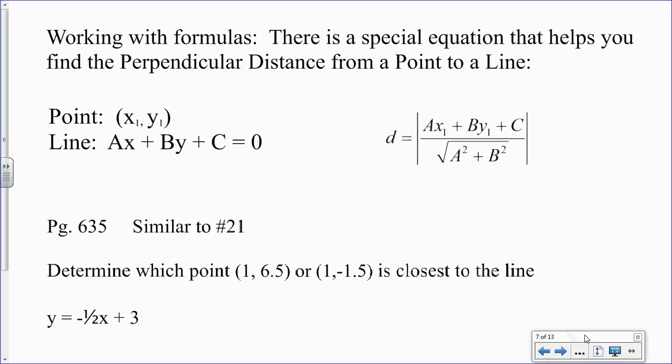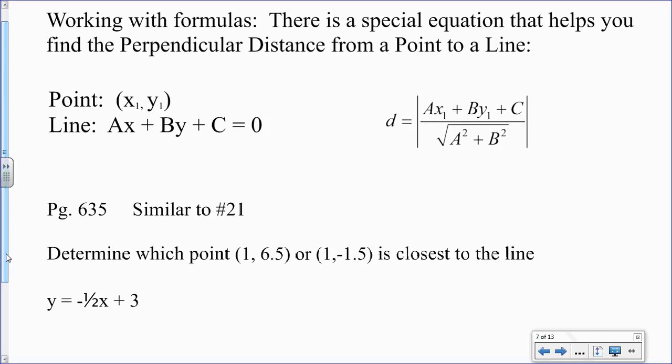So this example is similar to number 21 in section 7.1. What I have to know is that for my equation of the line, I need all terms to be on the left. I need the right side to equal 0, so not just a constant.